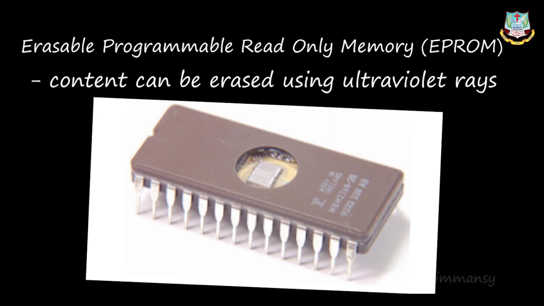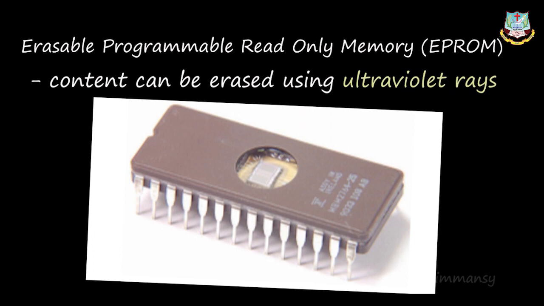This EPROM and ultraviolet rays are given in your book on page number 36. Make sure you underline both the words, EPROM and ultraviolet rays. When this EPROM is exposed to ultraviolet light, the content in this EPROM will be erased or cleared, and we can reprogram it.